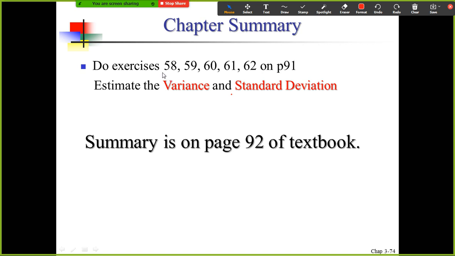Based on the group data set from these exercise numbers, you need to find the variance and standard deviation. Don't follow the question in the textbook. Just take the data set from these exercise numbers and calculate the variance and standard deviation.